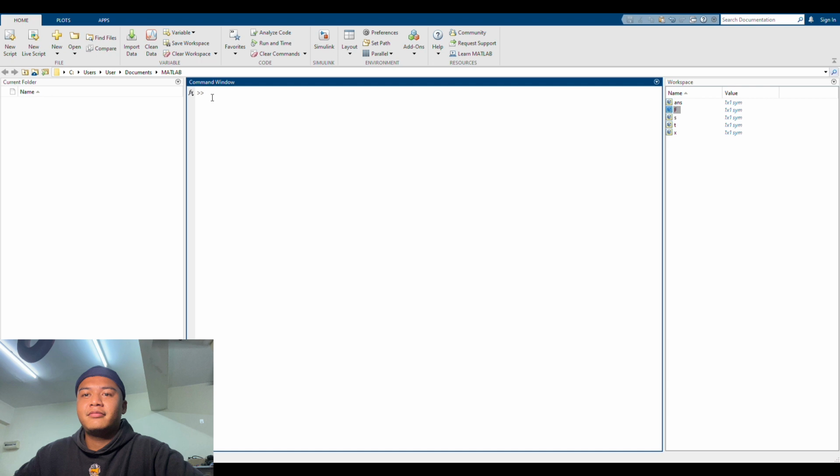Alright, next I show you about the error of this coding. If I didn't put the syms t s, I directly put the equation. I use the same equation, x equal to 3 times exponent power of negative 3t.